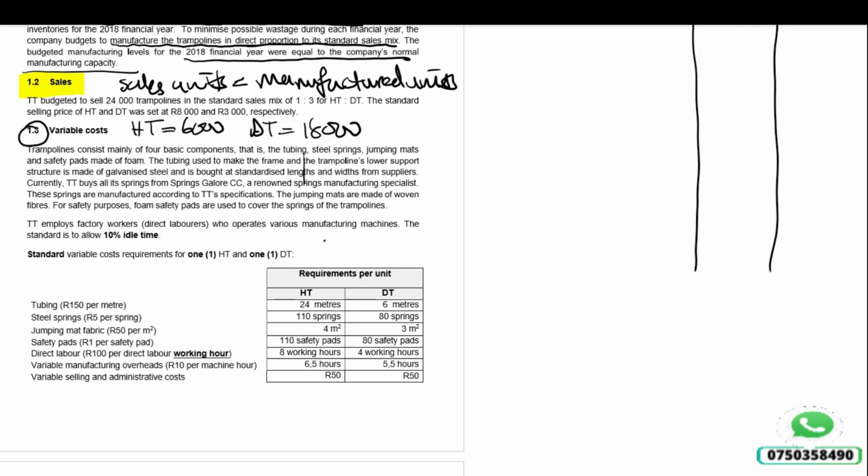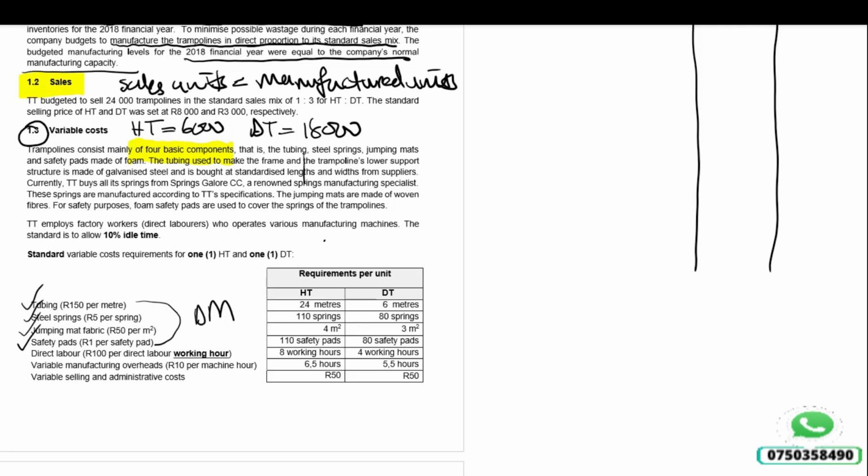Trampolines consist mainly of 4 basic components, which means we have 4 raw materials: the tubing, steel springs, jumping mat, and safety pads. So these 4 are going to be my direct material.